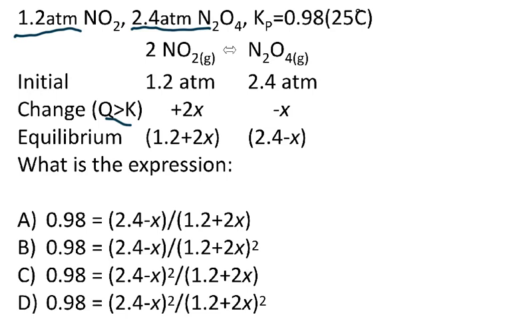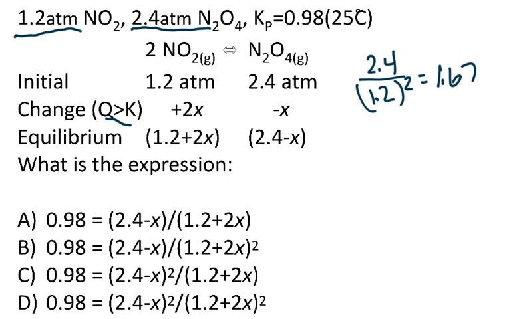Remember, we learned about the reaction quotient, Q, and that would be our 2.4 divided by 1.2 squared, which is 1.67, which is larger than our K value, which means we're going to shift towards the reactants in order to bring that K value back down.